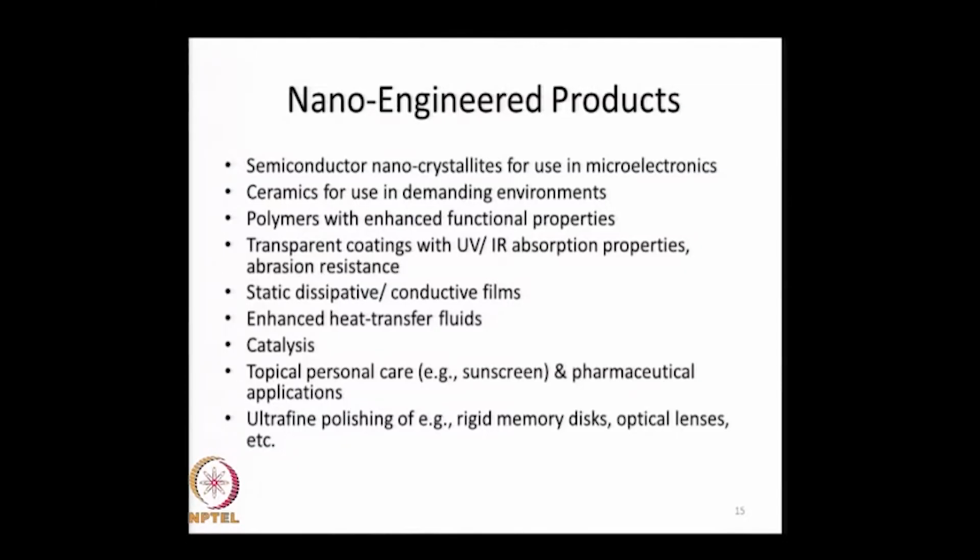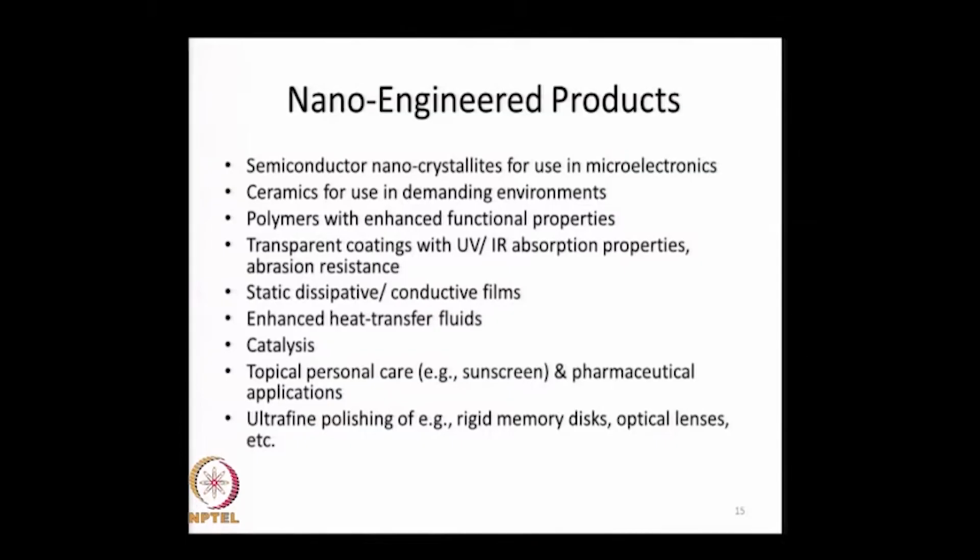Static dissipative films, conductive films, particularly for packaging applications use nano components. Enhanced heat transfer fluids use nano. Nano fluid technology is something that is finding increased use, and again we will cover this in more detail later in this module.